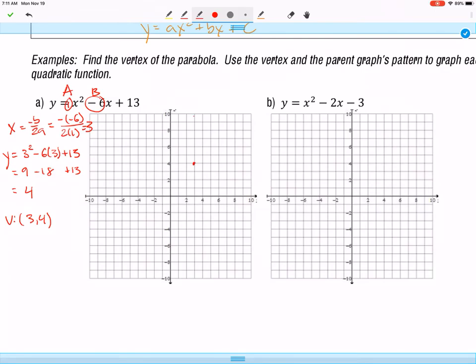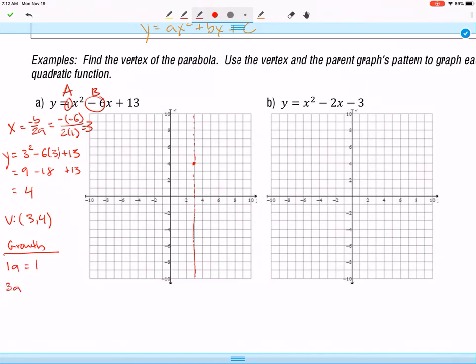And if you wanted to, you could do your axis of symmetry. After that, we're going to do our growth pattern. What we're going to write down is 1a and 3a.